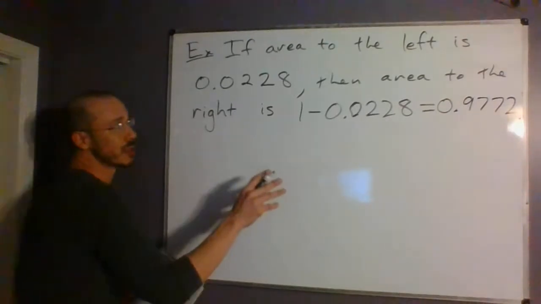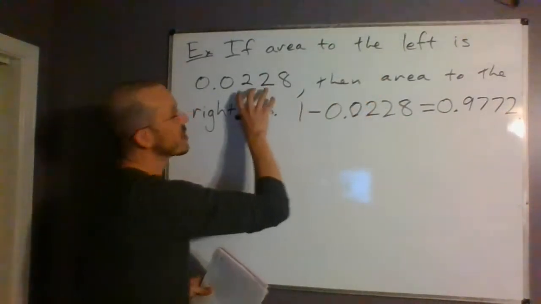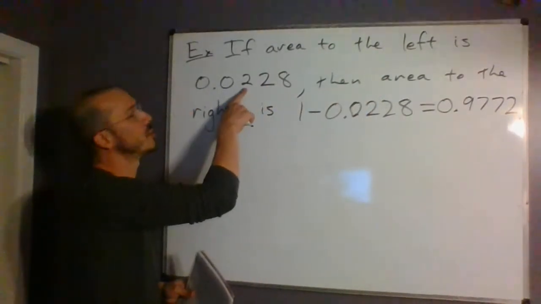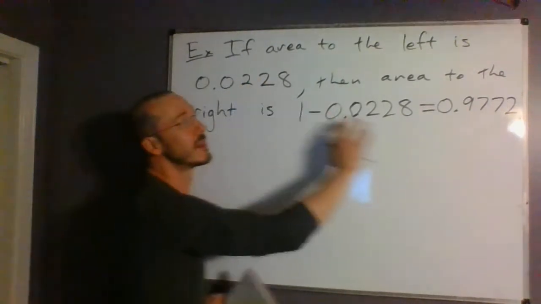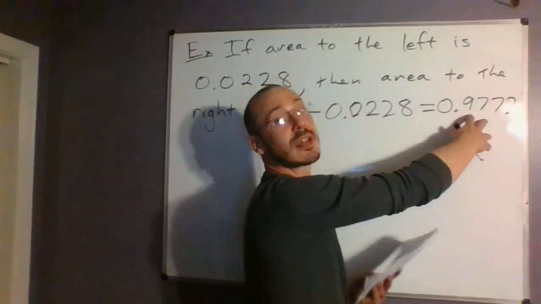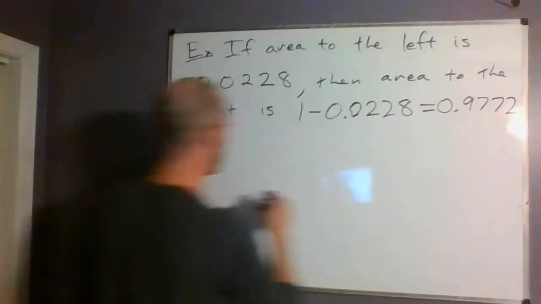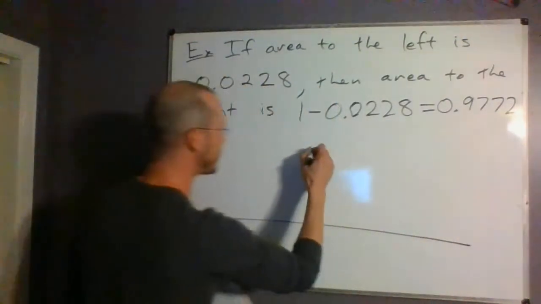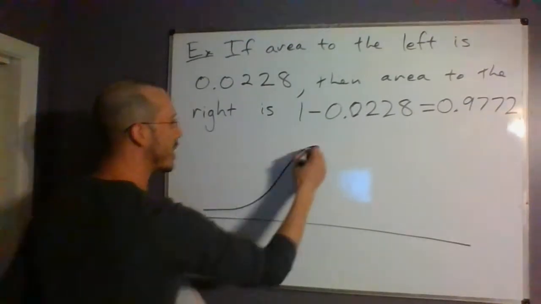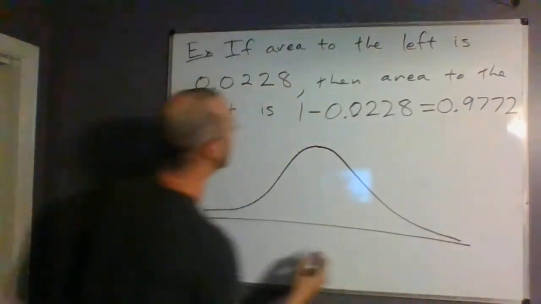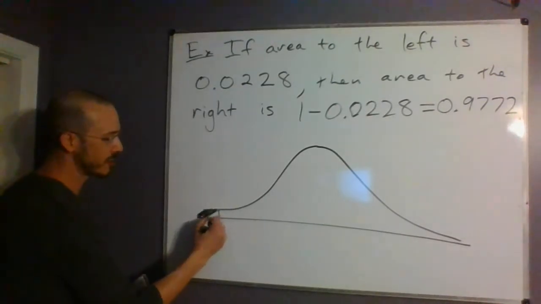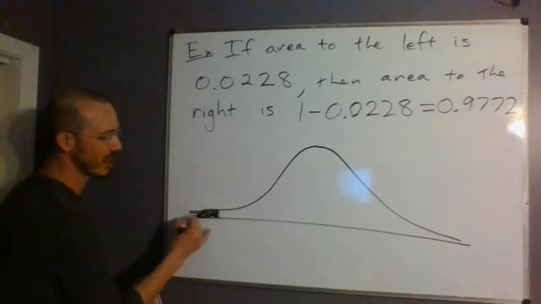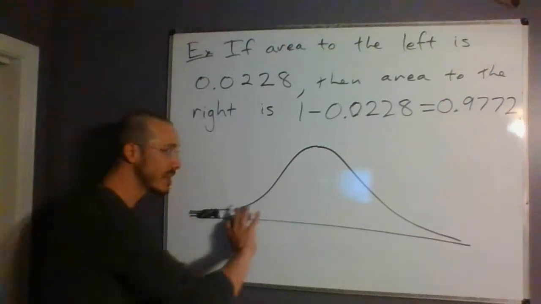And for this picture, the area to the left is a very small probability. That's 2%, or 2.28, a little over 2%. This is a little over 97%, or almost 98%. The picture I'm going to draw has very little area to the left of my x value and a big area to the right.